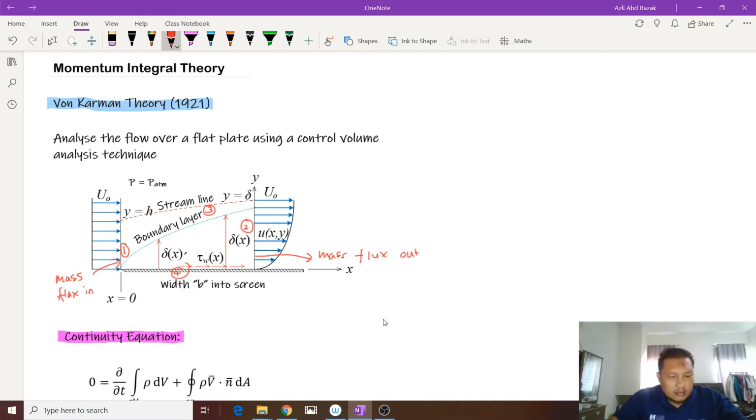From this mass flux in and mass flux out, we can apply the control volume.